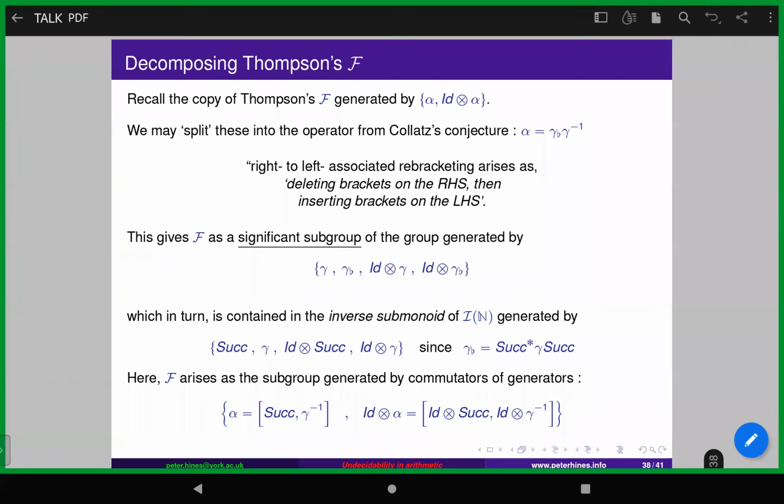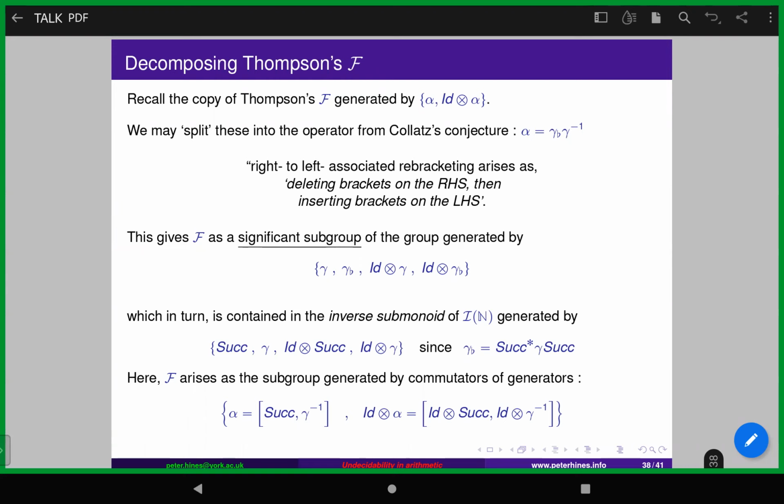So I'm not about to give a presentation of this group simply in terms of generators and relations. But what I would like to do is say that we can go one further step, because we have a relationship between the A-musical permutation and the flattened permutation, which is that we derive one from the other simply by composing with the successor function and its generalized inverse.